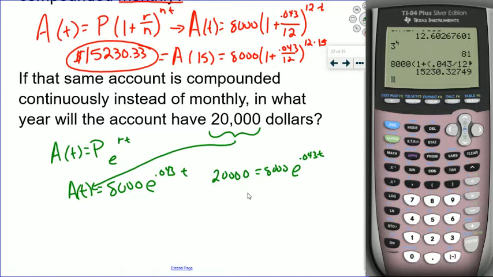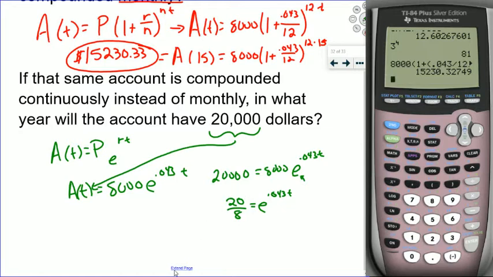So then our goal is to get this e term by itself. So we're dividing both sides by 8,000, and then we get 20 over 8 equals e to the 0.043 t. And if you want to reduce that to 10 over 4 or 5 over 2, you're absolutely welcome to.